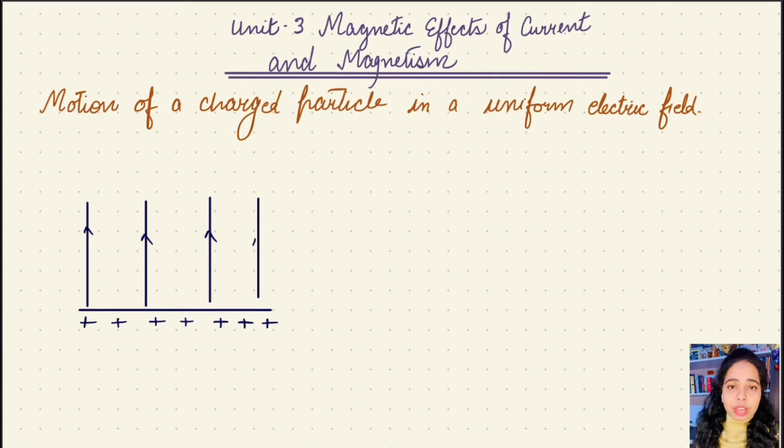That means today we are going to determine what will be the path followed by this charged particle when it enters the region of uniform electric field such that its direction of motion is perpendicular to the direction of the applied field.